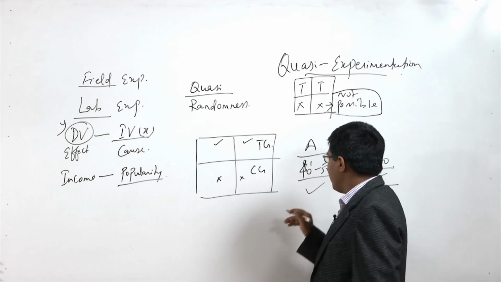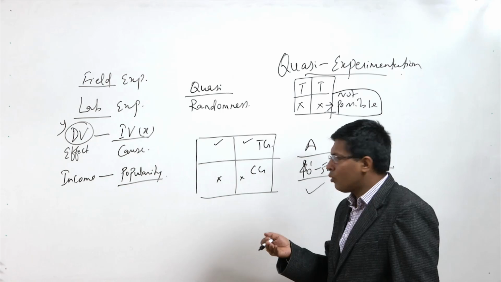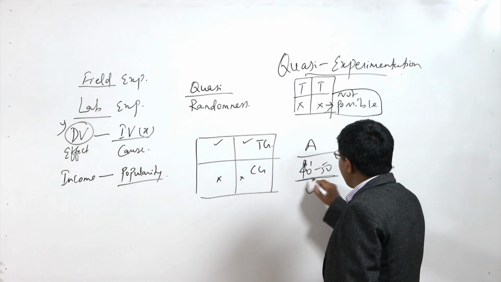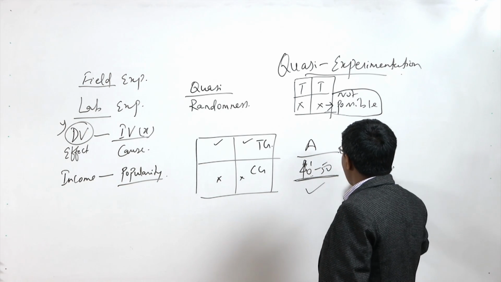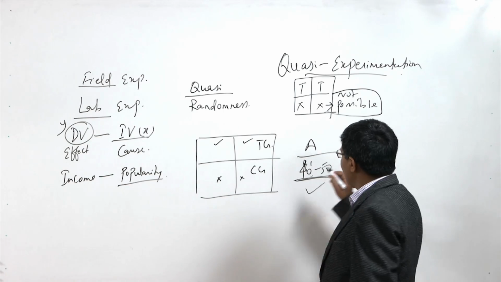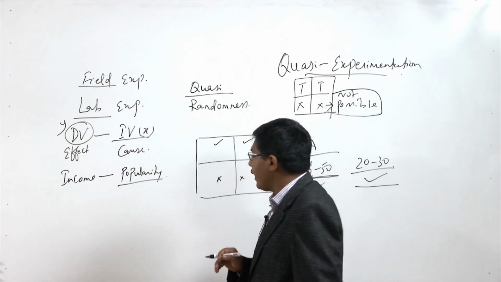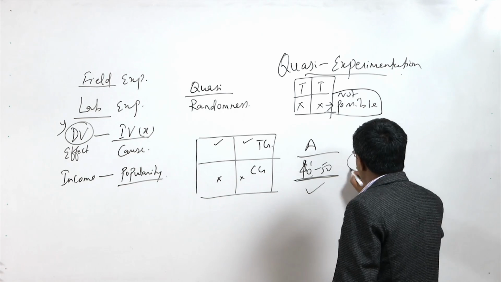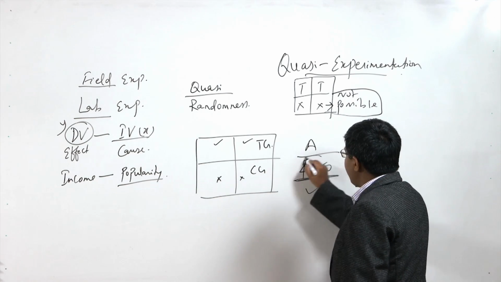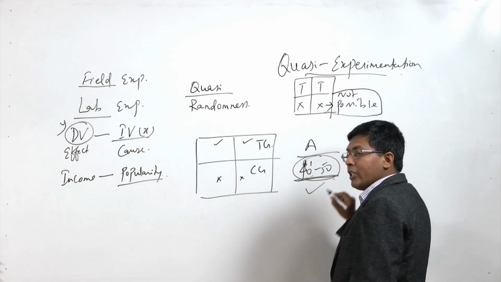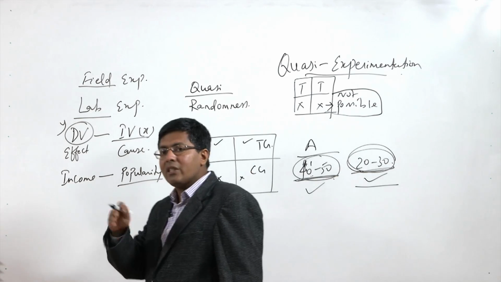Why? We cannot bring this man back to 20 or 30 and do the experiment again. One thing is possible, that you do it at one time period and then again at another time period, but otherwise the reverse is not possible.